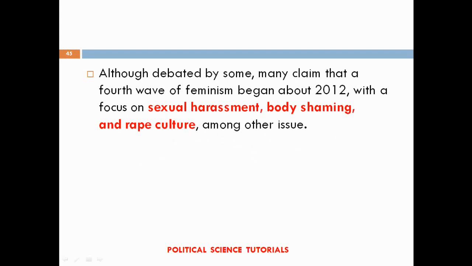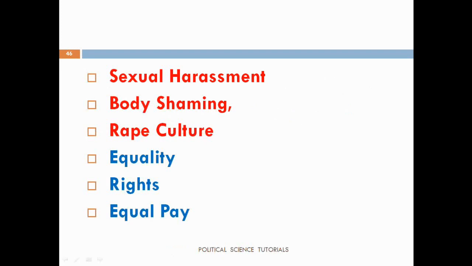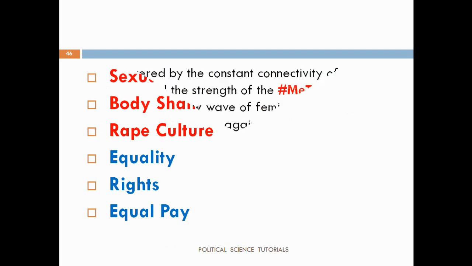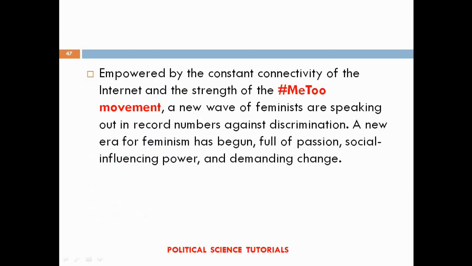In the age of constant connectivity of the internet and the strength of the #MeToo movement, a new wave of feminists are speaking out in record numbers against discrimination. With internet connectivity, millions of women across the globe united through the #MeToo movement, and they were sharing their own assault stories.